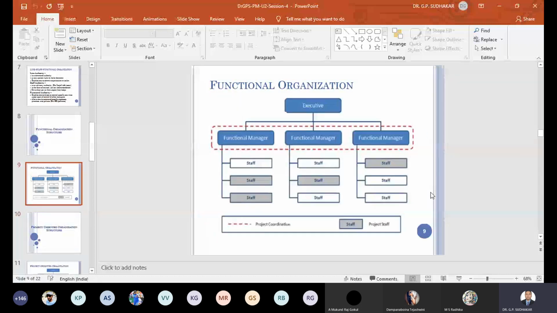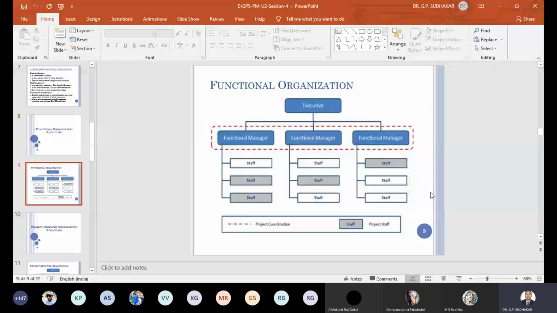See, and also one moment, in functional organization structure, for example, an HR executive wants to communicate with the marketing executive. What he has to do, he has to report to his higher authority, like the HR manager. He will report to the HR head or vice president, and then the vice president HR will talk to the vice president marketing, right? The chain of command is at the vice president level in the functional organization structure.